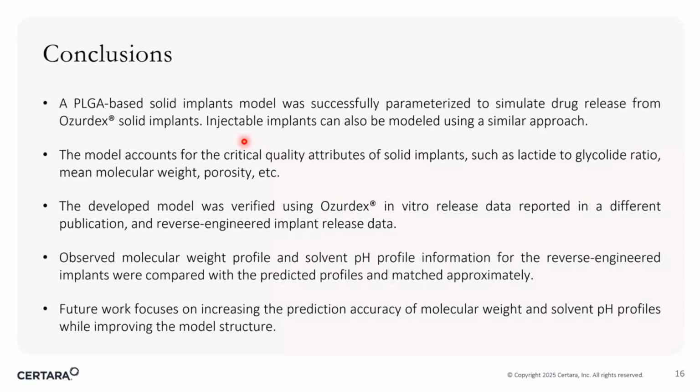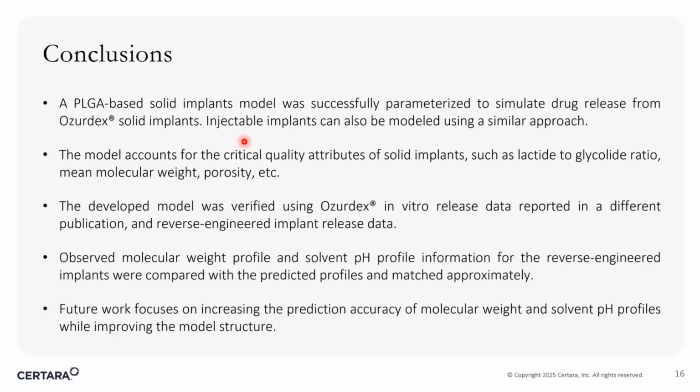Yeah, in the model, we do not explicitly consider ester-terminated polymers. We can indirectly account for that by incorporating the contact angle. We have a specific parameter which is called contact angle. This contact angle is going to influence the wetting process. If the contact angle is high, you can expect a slow wetting process.